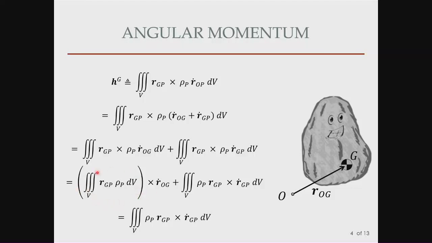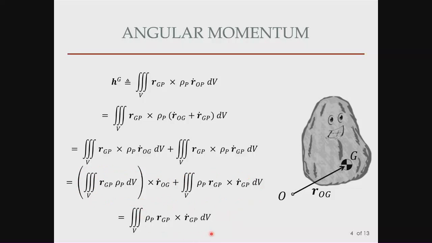And what I'm left with is this thing, which I told you, remember, it is, what is it? 0. This is integration with, it's like finding the center of mass with respect to the center of mass. Okay, so it's 0. So all of this first part goes away, and I'm left with this part.